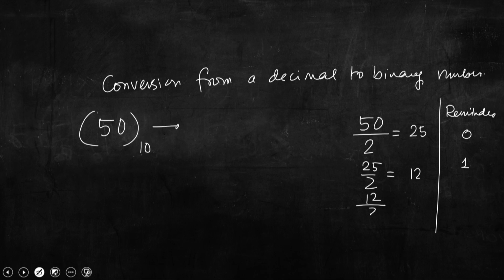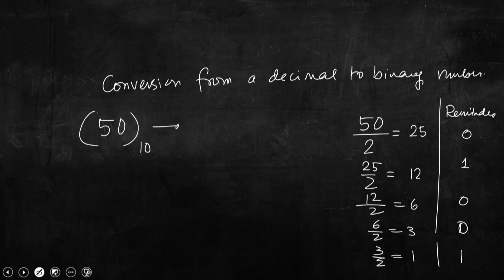Then 12 by 2 is 6, remainder 0. 6 by 2 is 3, remainder 0. Then 3 by 2 is 1, remainder 1.